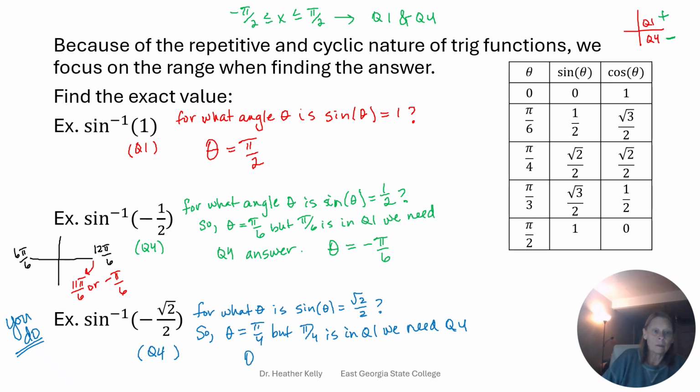So theta is equal to, and in quadrant 4, I'm just going to do this because I find that I have to do this a lot in class. So I'm just going to keep on doing it in this class. So to get into quadrant 4, that is going to be 7 pi over 4, or what the textbook is going to ask you for is going to be negative pi over 4.